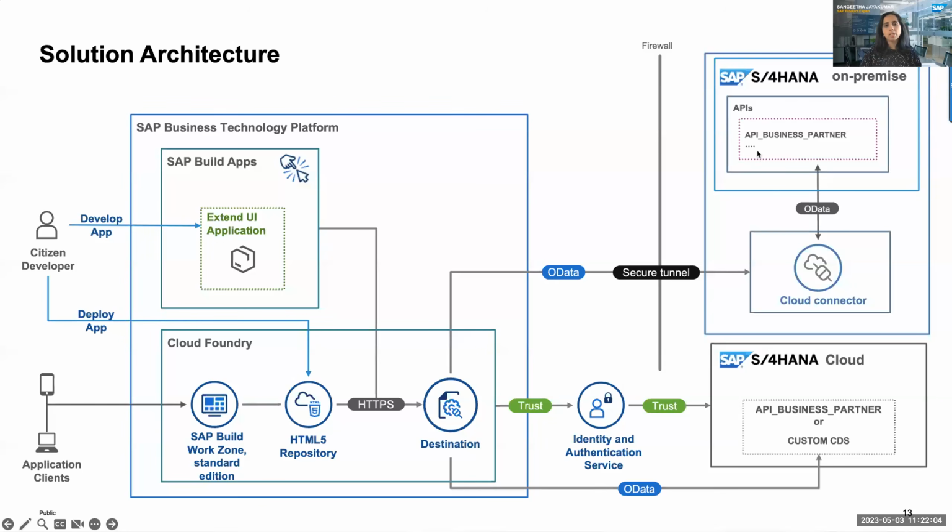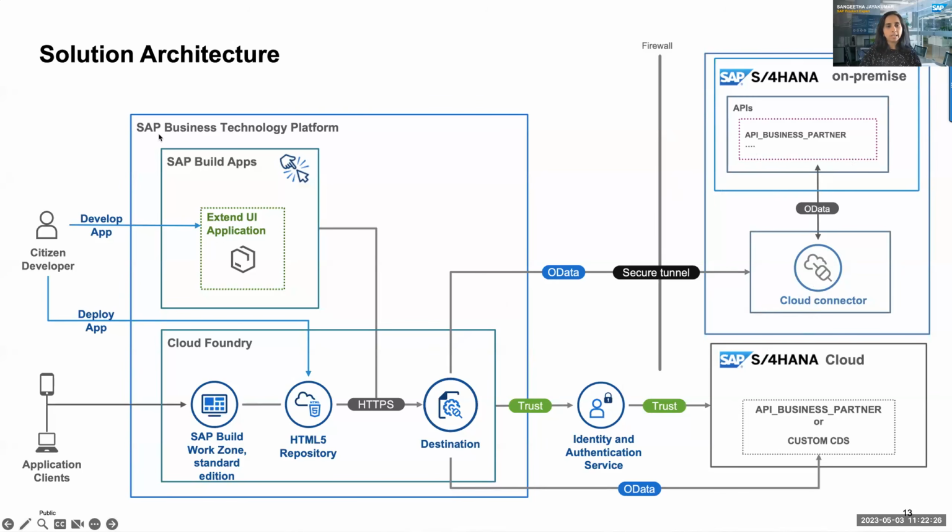So we have taken the business partner API, and Ilya will later show you in a live demo that through Cloud Connector, our sub-account is trusting the S/4HANA backend. And this way, the user can be propagated between different systems.